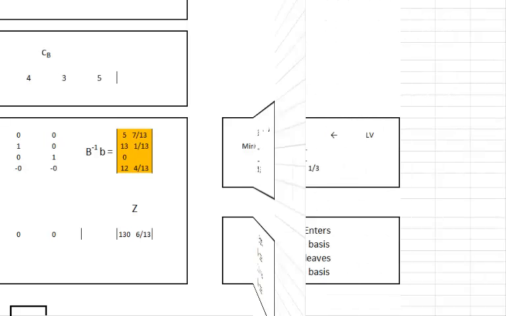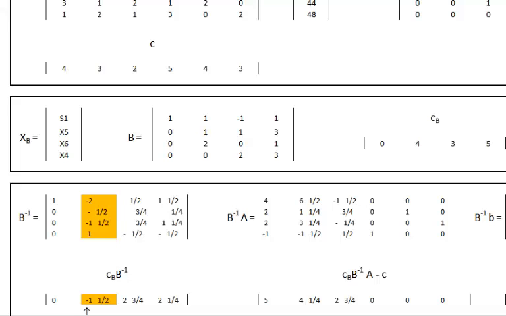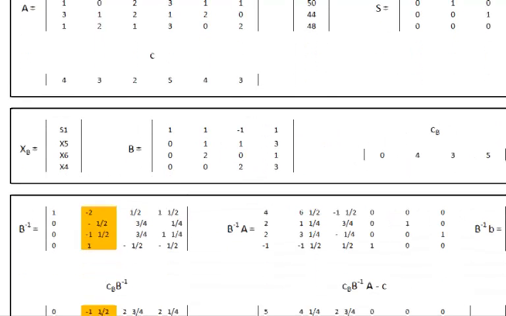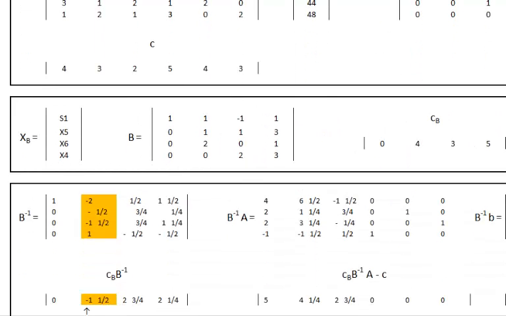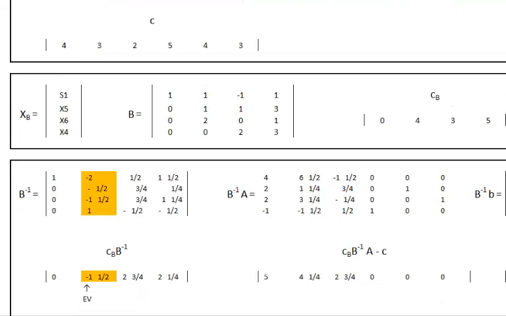We are going to create our new set of calculations, perform the revised simplex iteration. The new xb is going to be s1, x5, x6, and x4.